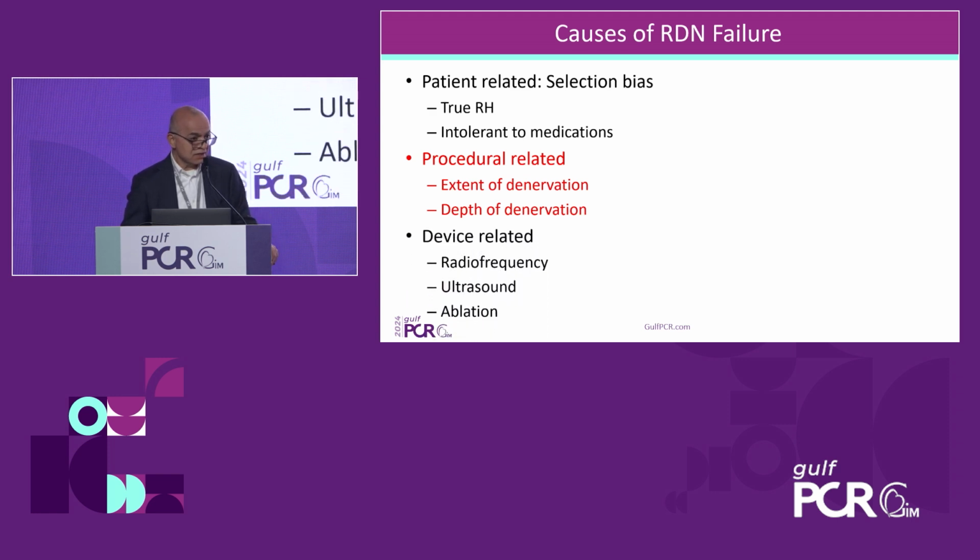And then the devices. We had only one simple device with simple catheters. Now we have radiofrequency, we have ultrasound-related, and we have ablative therapy. So we have a multitude of different issues we need to address to improve the technology and to get the results we want.